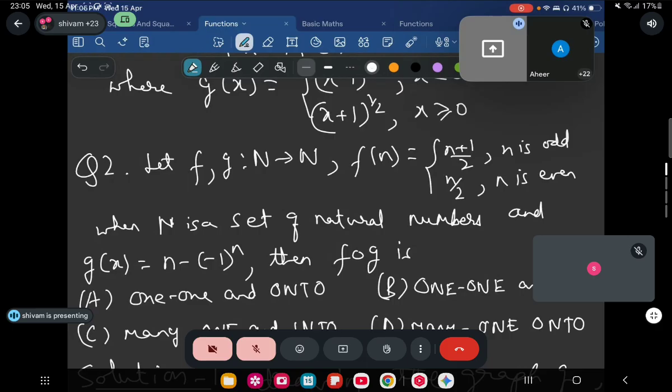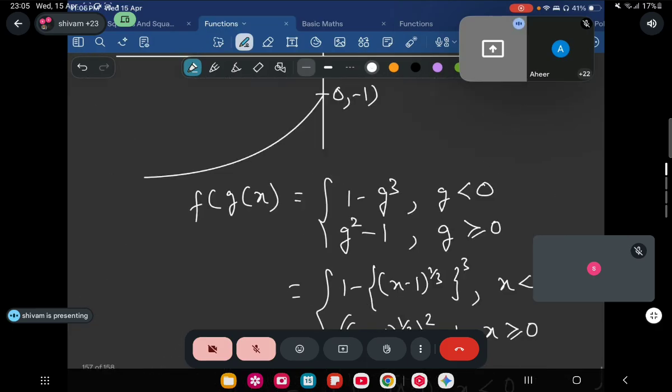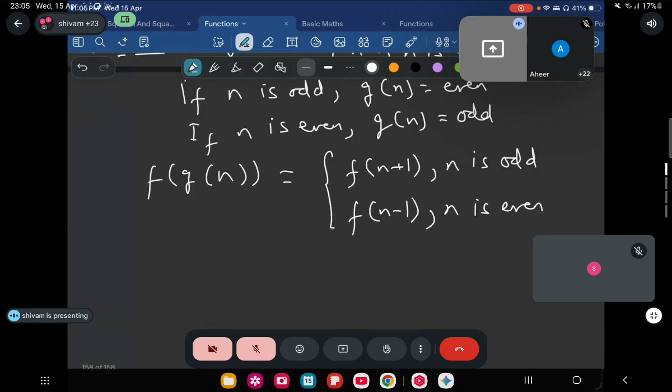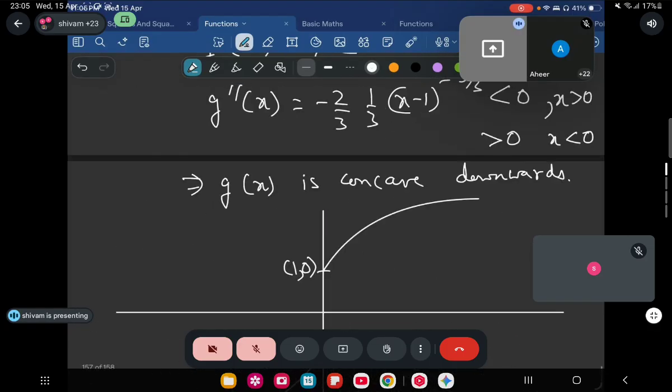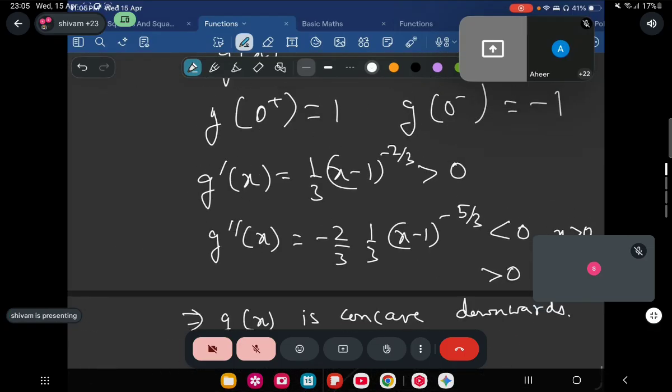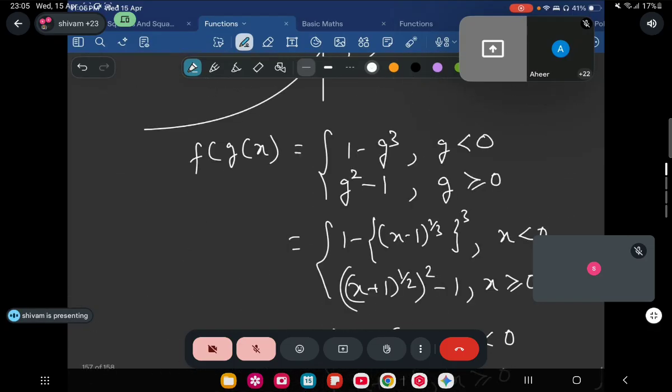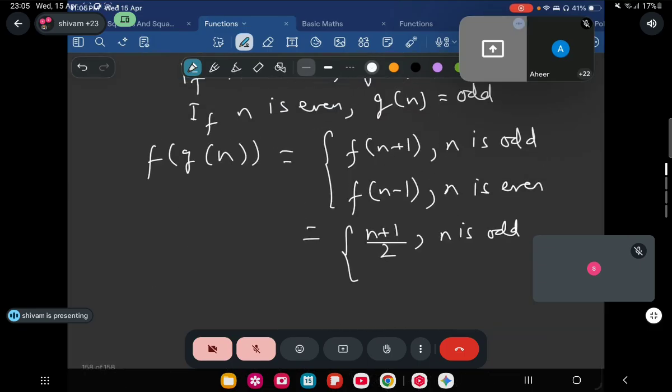The function is n plus 1 by 2. So it will be equal to n plus 1 by 2 if n is odd. And f of n minus 1, what is f of n minus 1? When n is even, it will be equal to n minus 1 plus 1 by 2.